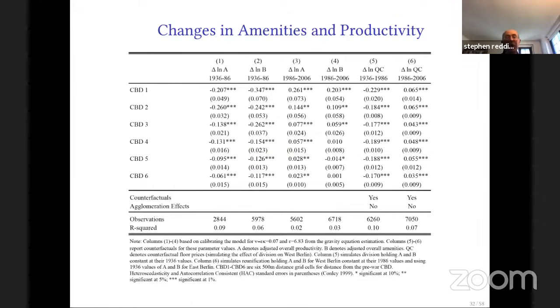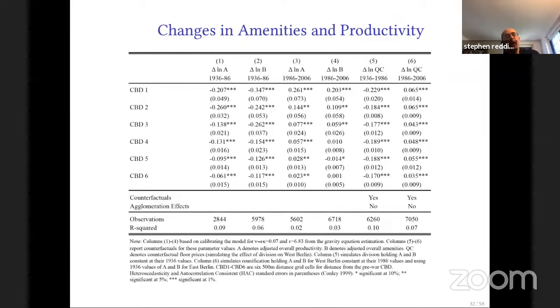And one thing you see very strikingly is division has a negative effect on productivity in locations close to the pre-war CBD, and it has a negative effect on amenities in locations close to the pre-war CBD. In comparison, reunification has a positive effect on both productivity and amenities. And that's some first suggestive evidence of agglomeration forces. Because the model would actually imply that productivity and amenities should change as a result of the city's division if there are these externalities in production and there are these externalities in amenities.